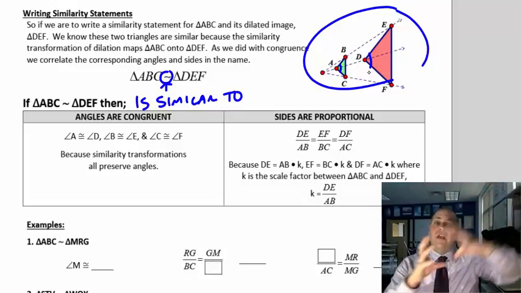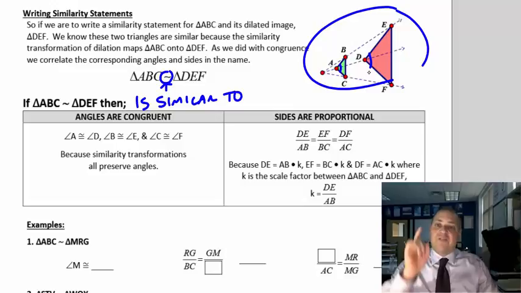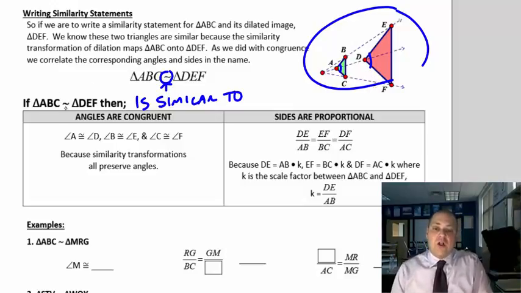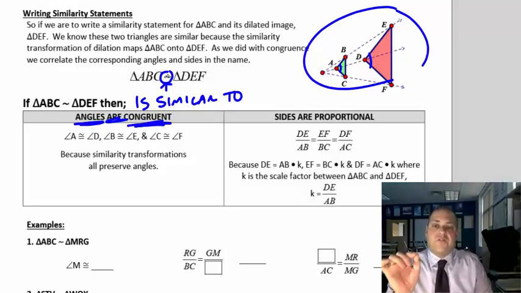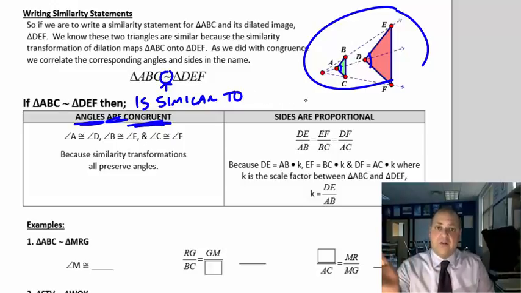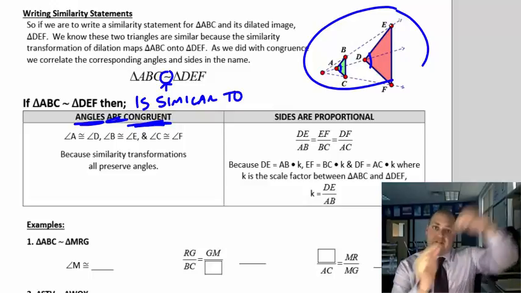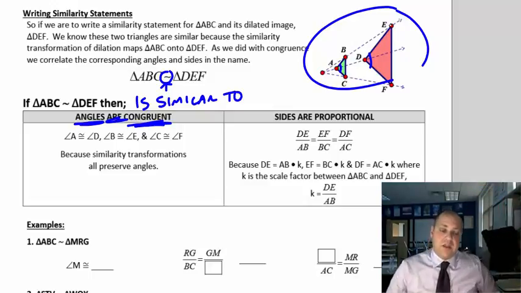The sides got bigger, all in proportion, and that's what similarity is all about. Very important to understand that. When we talk about similar figures, angles are congruent, corresponding angles, just like in congruent triangles. But the sides are not congruent. DE is much longer than AB.